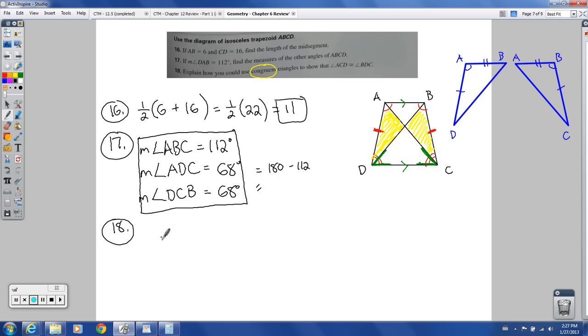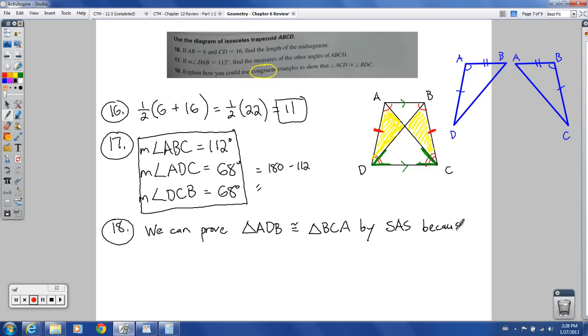We'll use a paragraph form for this type of proof here. I can say something like this. We can prove triangle ADB is congruent to, matching up A to D to B with B to C to A, triangle BCA by side, angle, side.